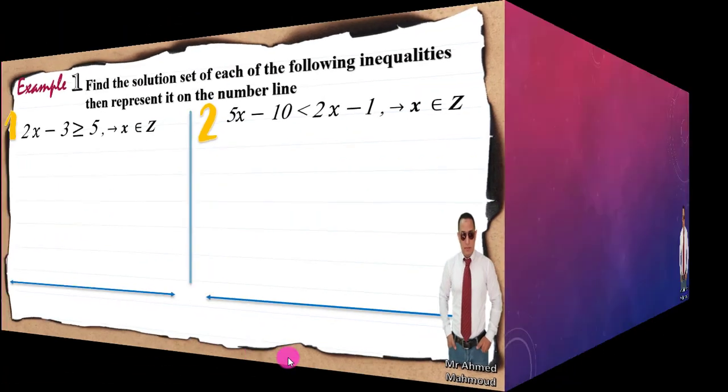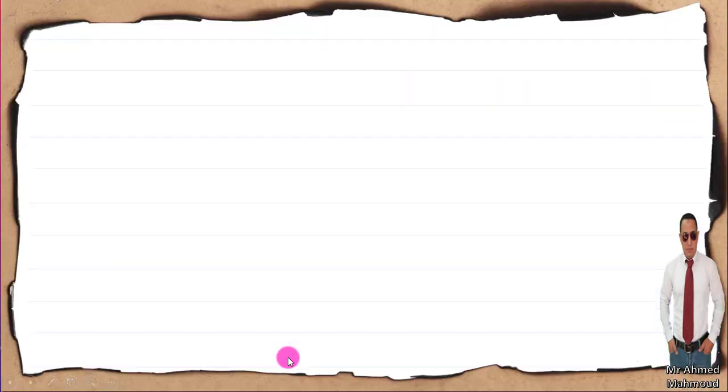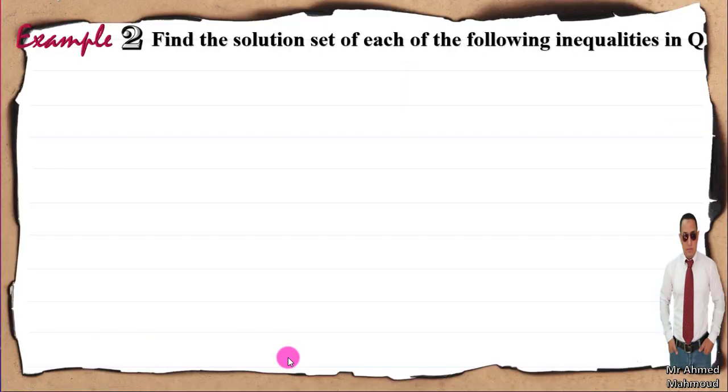Okay, the next one. Find the solution of each of the following in Q. Of course, in Q there isn't a number line, because I can't represent all the rational numbers on one number line by the listing method. So this inequality will be 2x plus 3 less than 7.